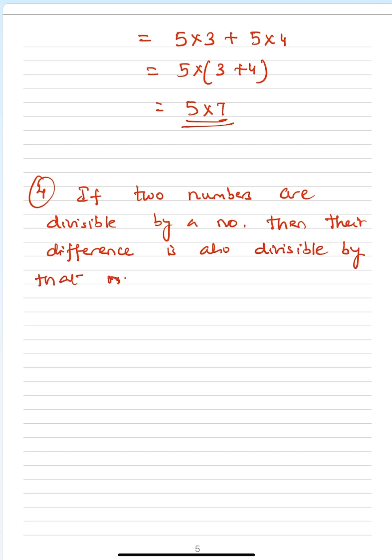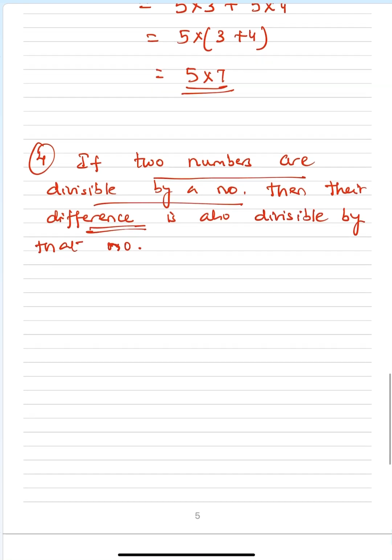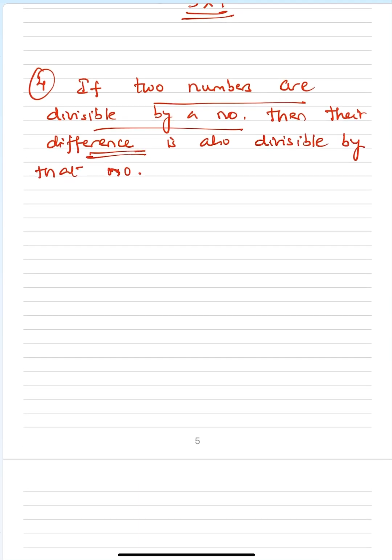Now this is very easy. Now you will be able to understand that if two numbers are divisible by a number, then their difference is also divisible. The same thing we will do in this, let us take 20 and 35 only.